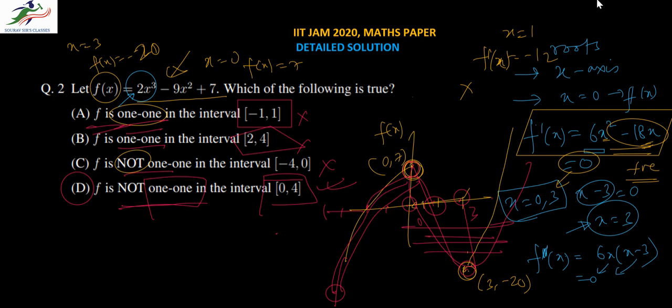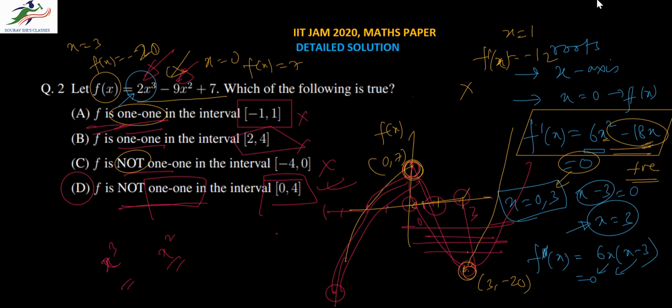So guys, one thing important to note here is, as I said, there are two functions superimposed here. One is of the form of x cube, or an odd power of x, and the other one is x squared.